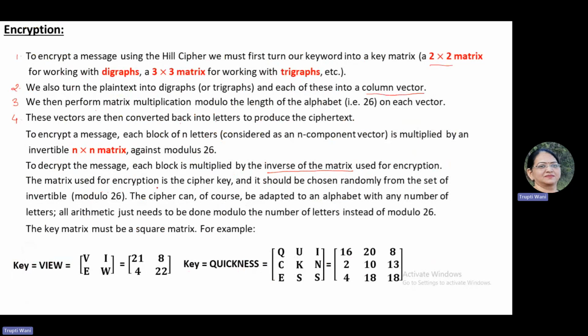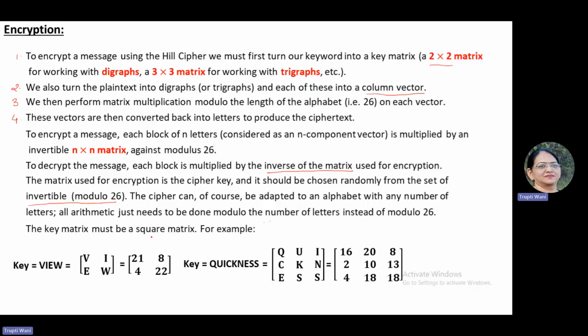The matrix used for encryption is the cipher key, and it should be chosen randomly from the set of invertible matrices modulo 26. The cipher can of course be adapted to an alphabet with any number of letters. All arithmetic just needs to be done modulo the number of letters instead of modulo 26.